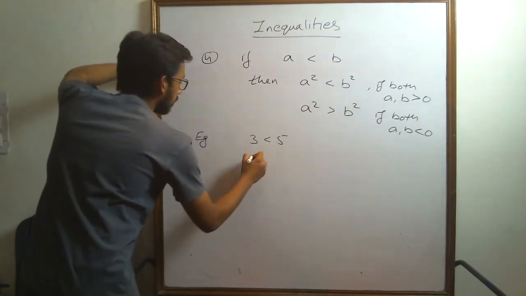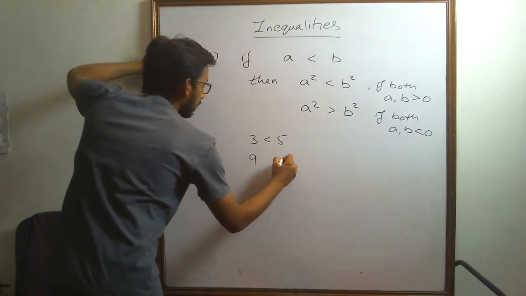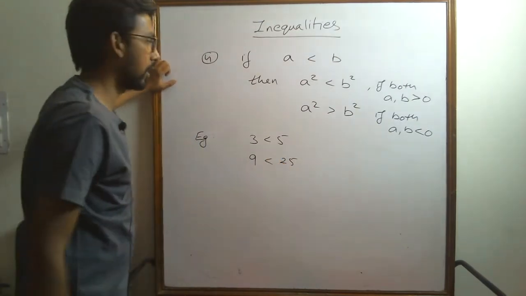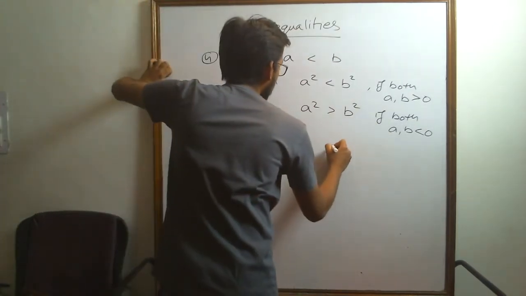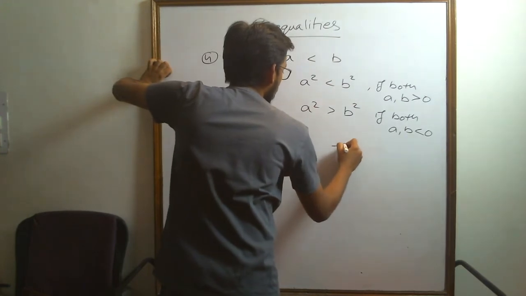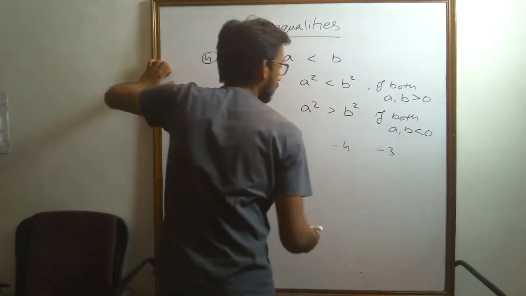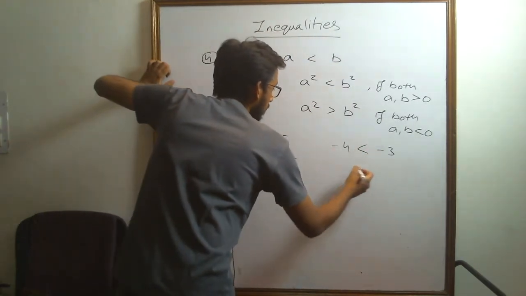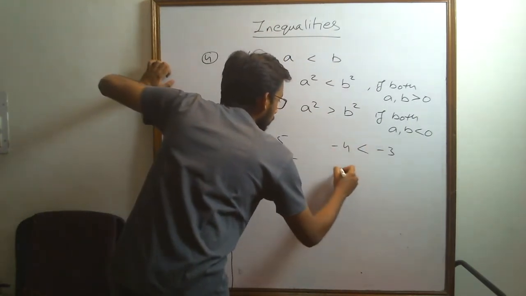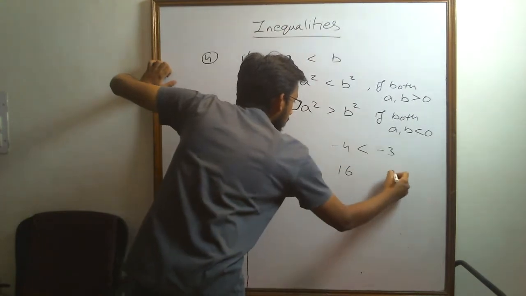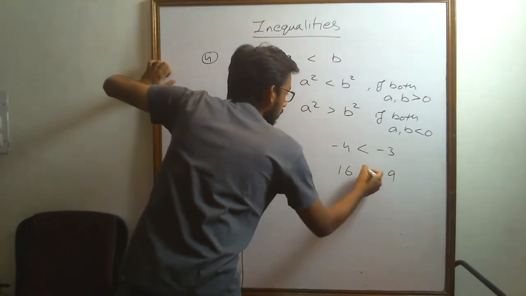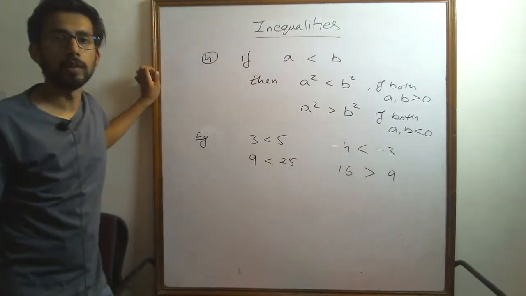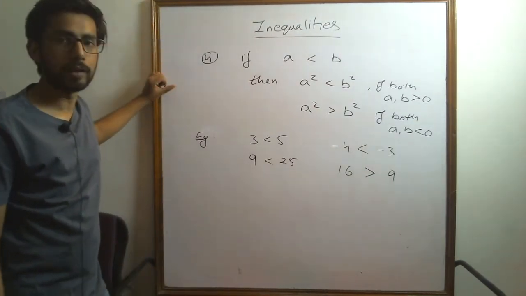Taking the square, 9 here and 25 here, the inequality remains the same, correct? But say we have negative numbers, minus 4 and minus 3. Minus 3 is greater, so we have this inequality. If I take the square of both sides, this is 16, this is 9. Now 16 is bigger, so the inequality is this way. So it is reversed when both are negative.